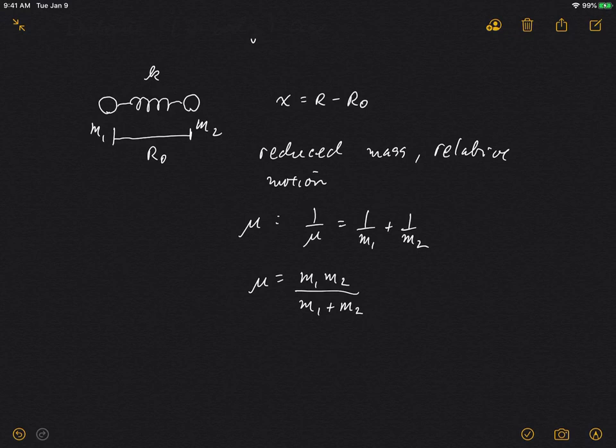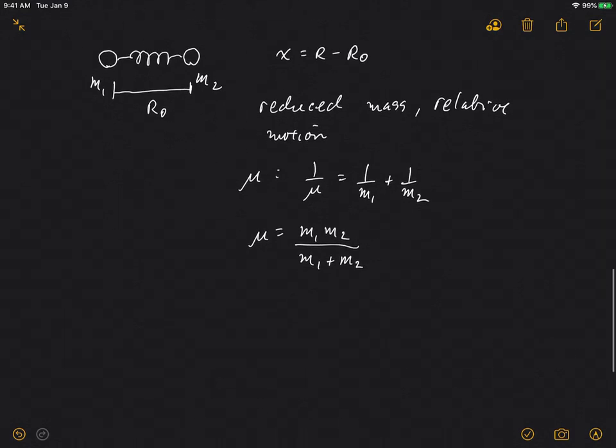And for our relative motion, that will be the reduced mass of motion in this system. I'm not going to really derive that. That's usually derived in first year physics, and there are derivations available online.